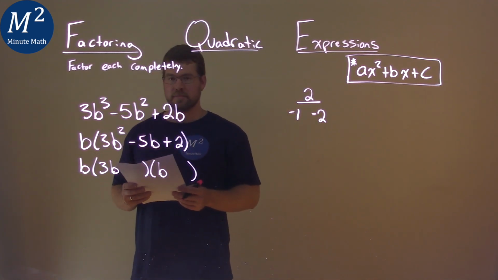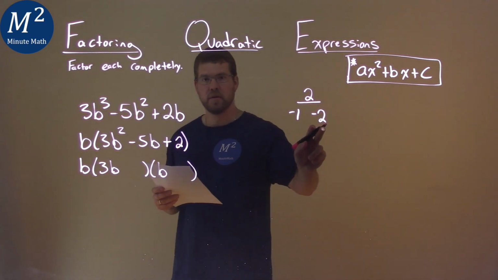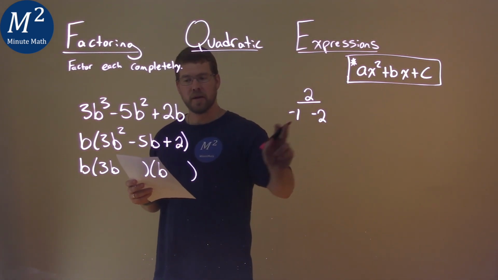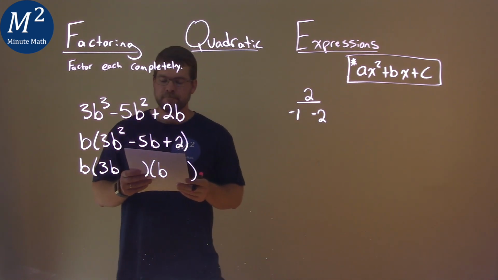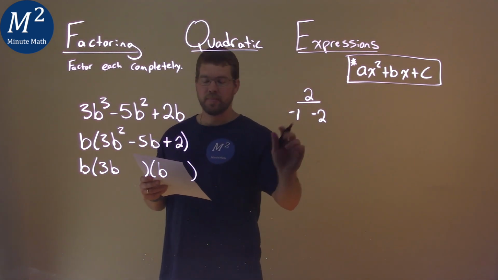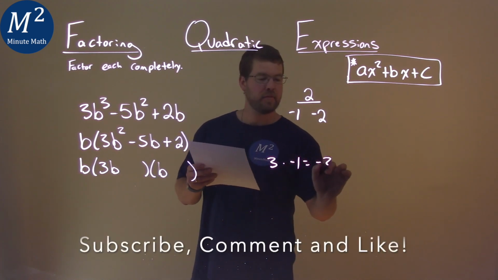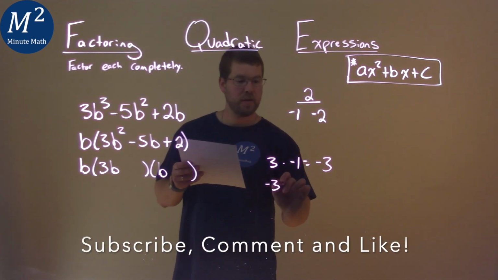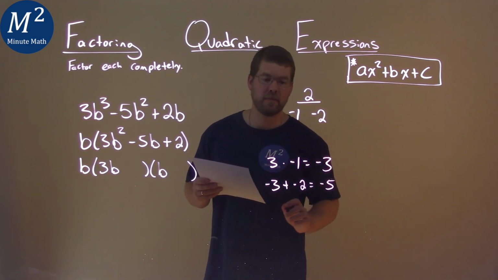So now, here's the fun part. 3 times which one of these numbers plus the other one gets us a negative 5. Well, that's actually the first one. 3 times a negative 1 equals a negative 3, and then negative 3 plus a negative 2 equals a negative 5.